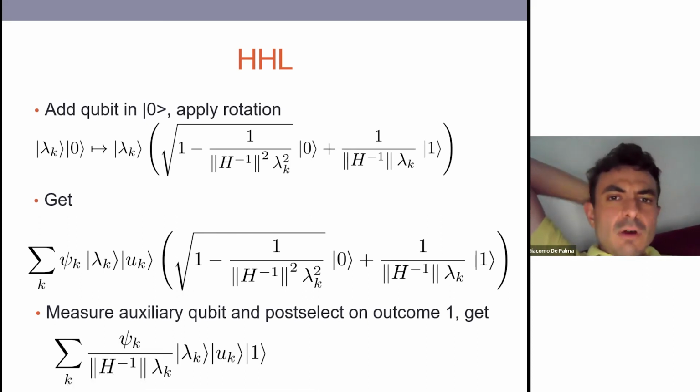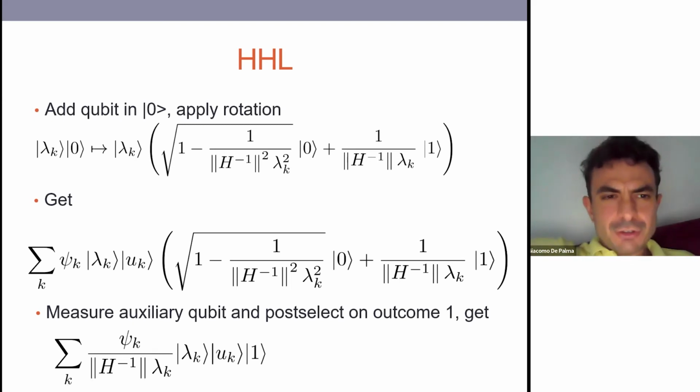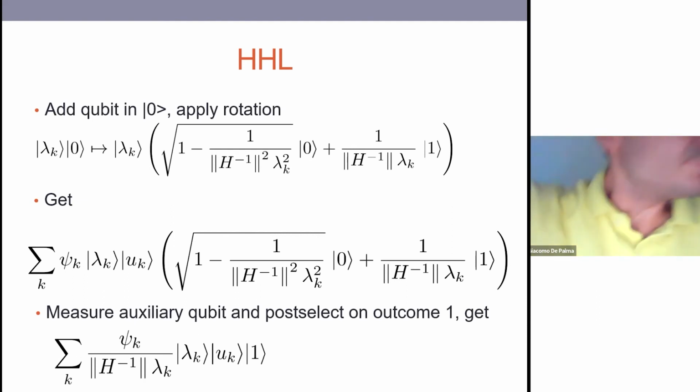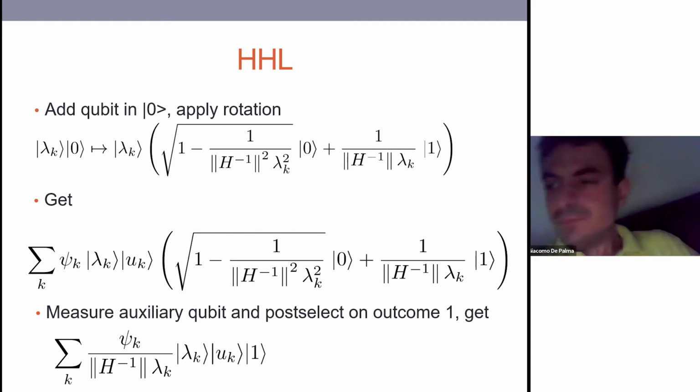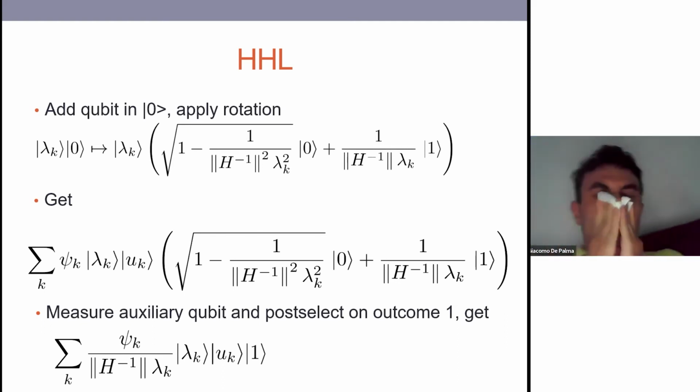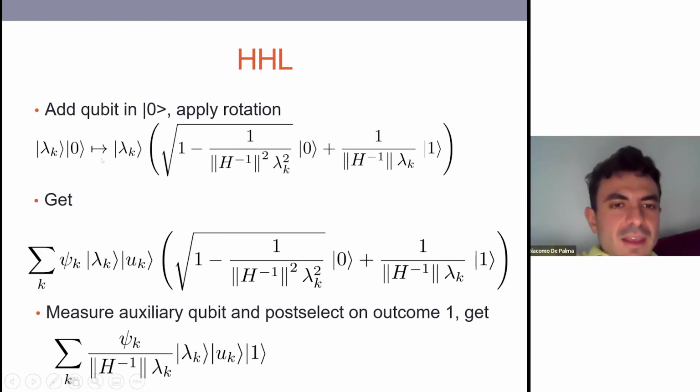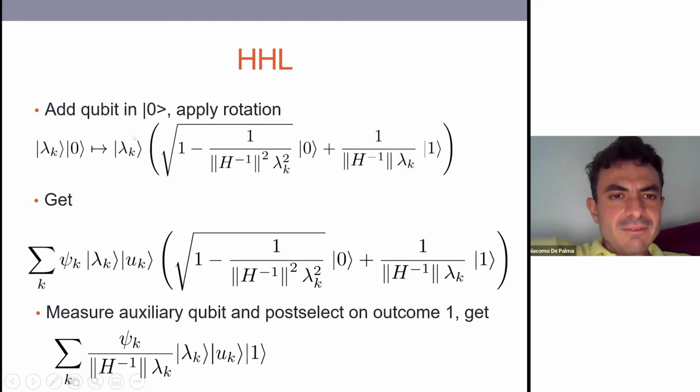And then what we do is apply a rotation on the auxiliary qubit, and the rotation angle depends on the estimate of the eigenvalue.